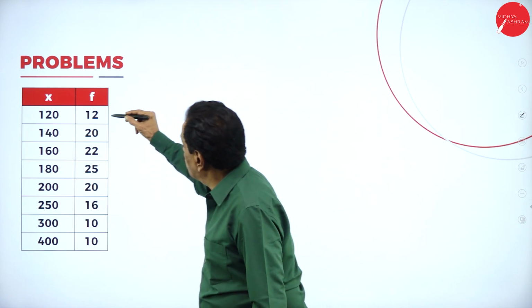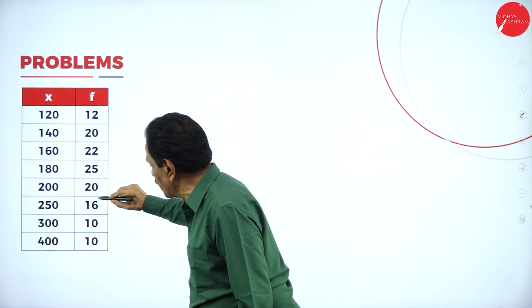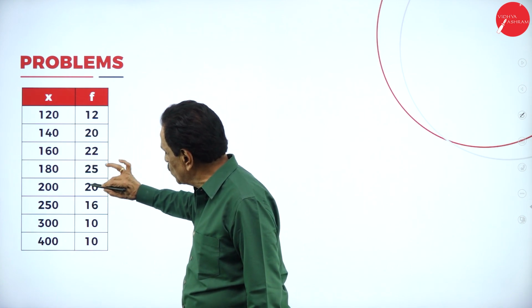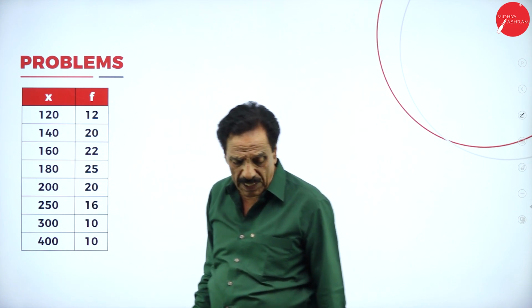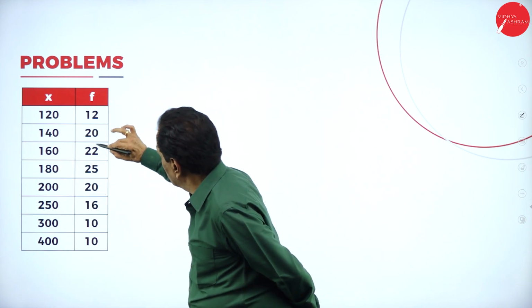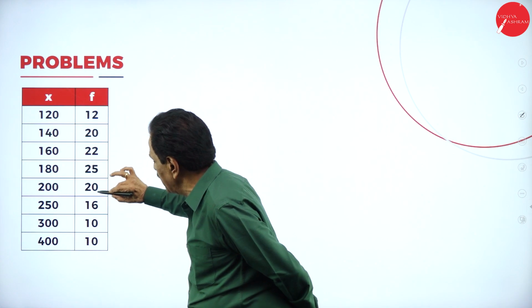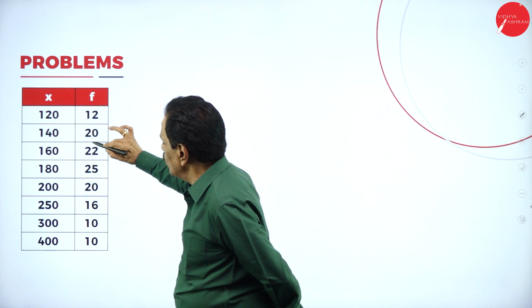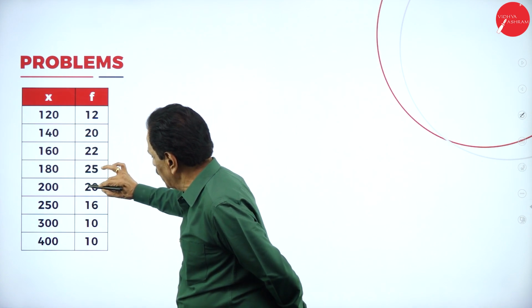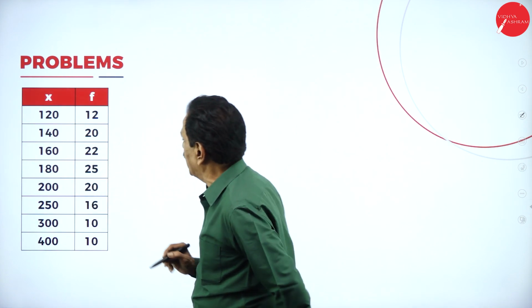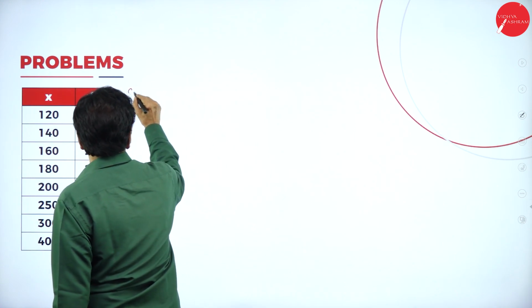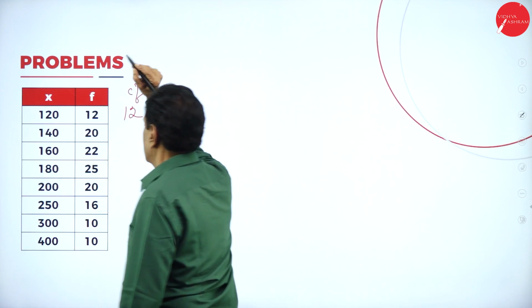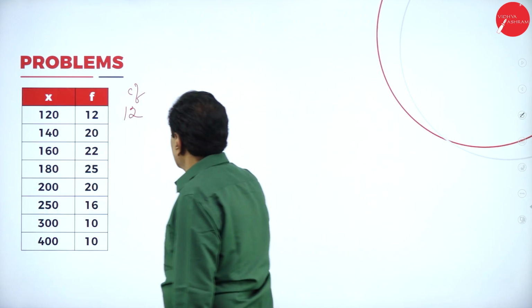So make the CF here. What's the first number? 12. Add 20, 32.